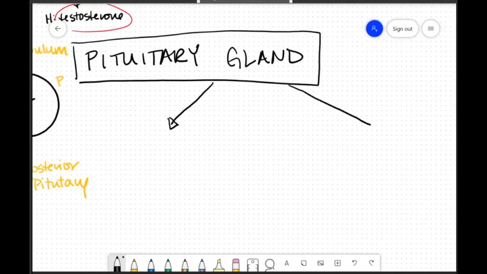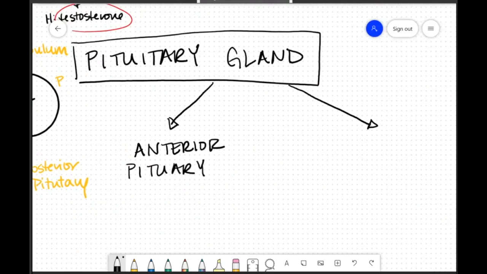So your anterior pituitary gland will be on the front, and then your posterior pituitary will be the posterior side.